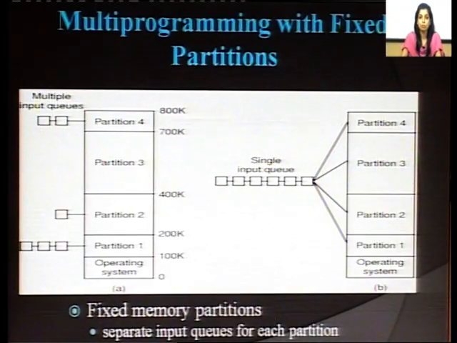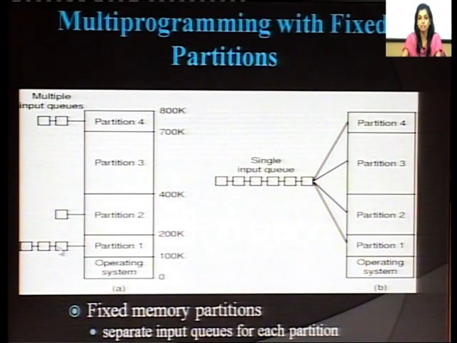Now in multiprogramming, we partition the memory depending upon the execution of the processes. Either we dynamically partition or allot the memory, or we partition the memory with fixed partitions. The operating system takes 100 kilobytes, then partition 1 takes 100 kilobytes, then partition 2 is 200 kilobytes, then partition 3, and according to the processes we partition the memory.